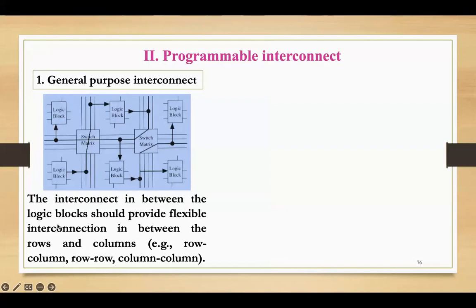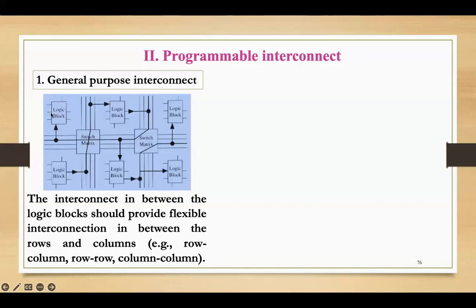The interconnect between the logic blocks should provide flexible interconnection between the rows and columns. If I want to take one logic block from here and connect it to this logic block here, these two are going to be my worst cases.